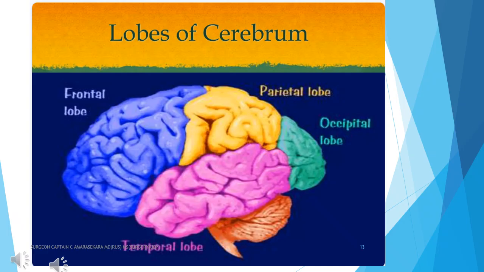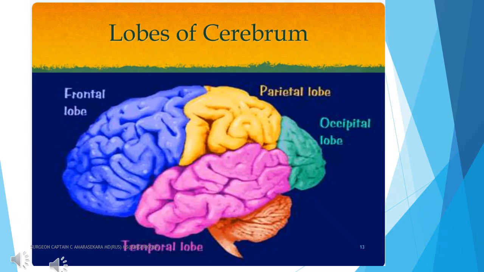So what type of lesions can be produced if this zone is affected? Contralateral motor weakness, personality changes, disinhibition, and expressive aphasia if Broca's zone is involved. We are repeating these things because you have to get thorough knowledge of these areas.